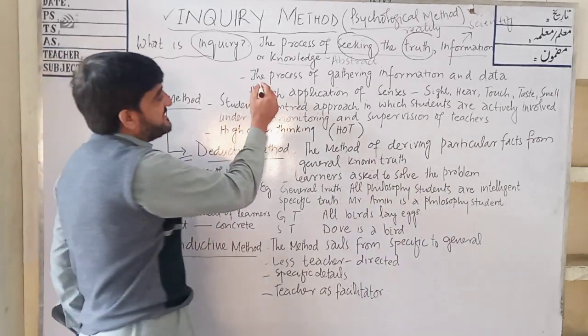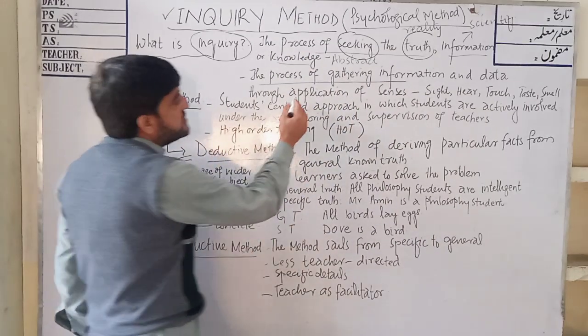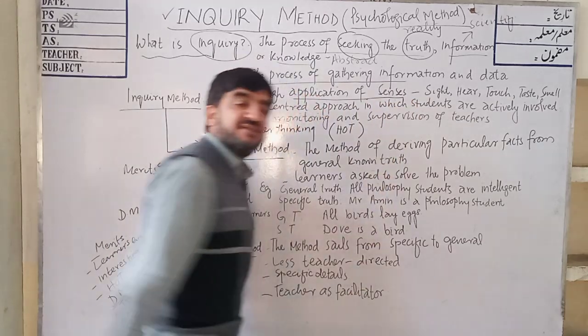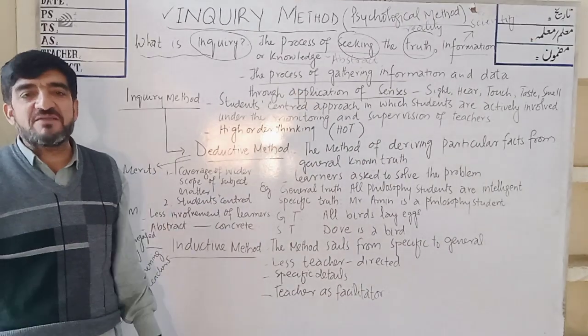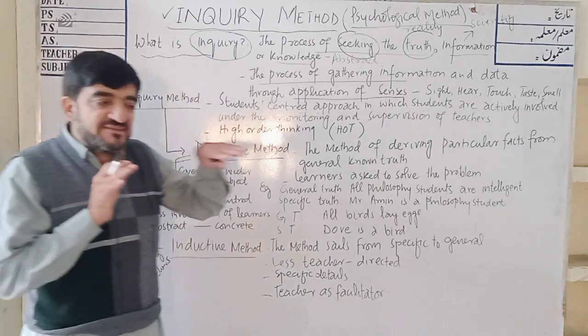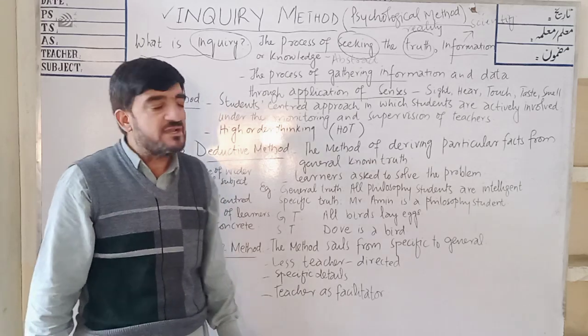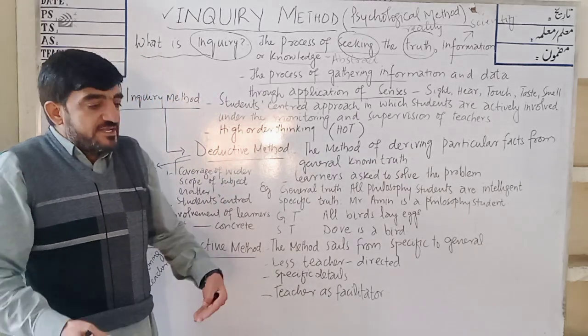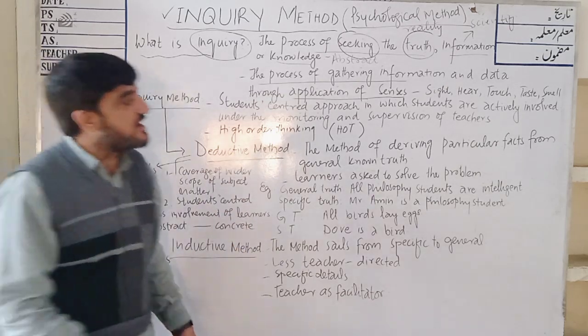It is the process of gathering information and data through application of senses. Human beings have been blessed with 5 senses, and these 5 senses are utilized by every human being for developing and improving his available knowledge.